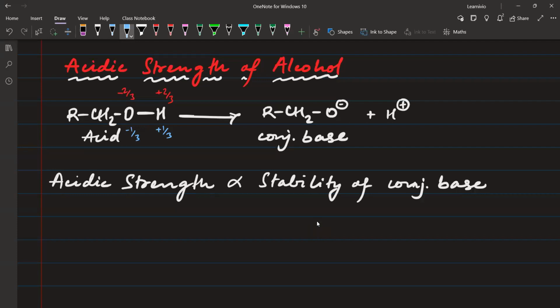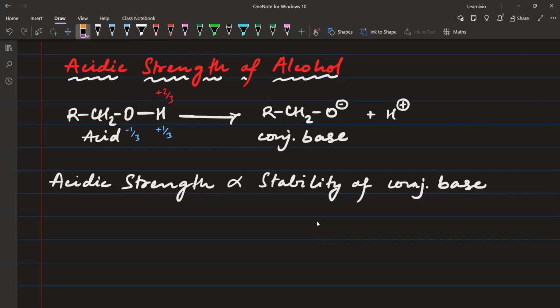If I talk about the red case and then the products, we have to go from -2/3 to -3/3, because here we have complete negative charge. -3/3 will be equal to -1 charge. So if the polarity is very high, it is very easy to go from -2/3 to -1 charge, rather than going from -1/3 to -3/3.